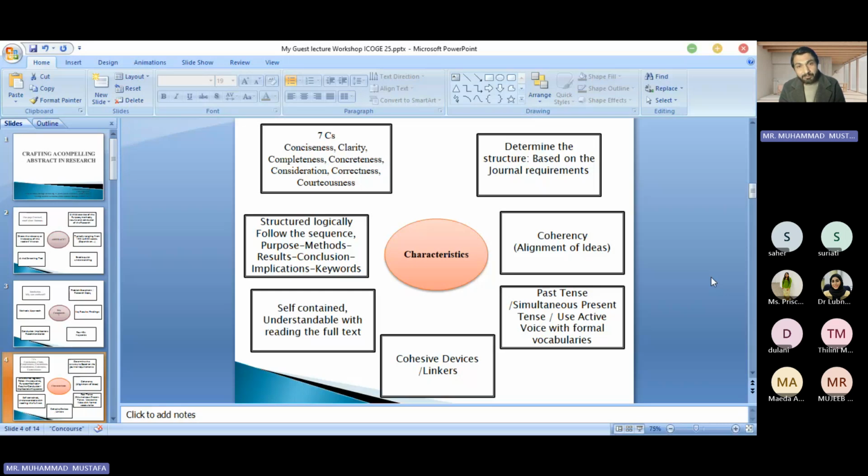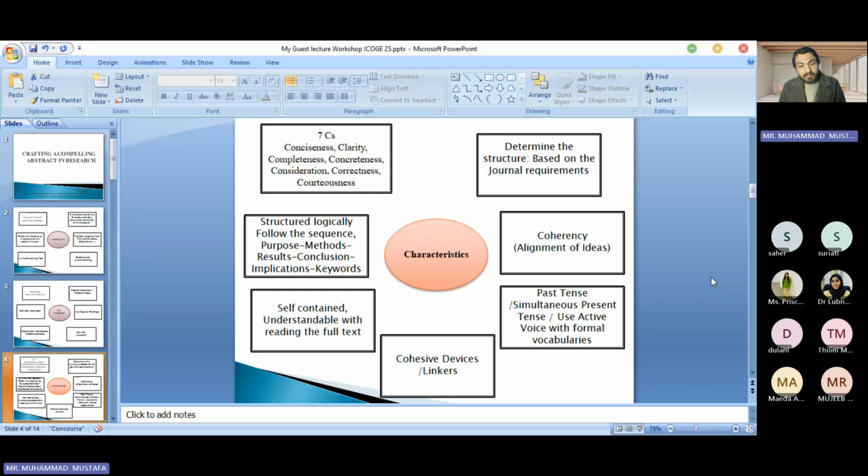And courteousness means the researcher should use formal words, the most formal words. There are categories like informal, less formal, formal, more formal, most formal. One should try to use the most formal terms to make the discourse effective.